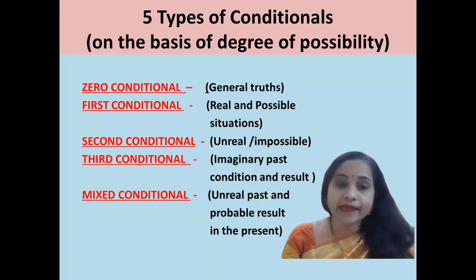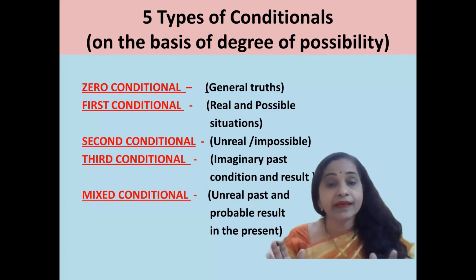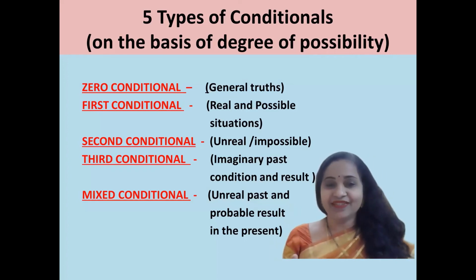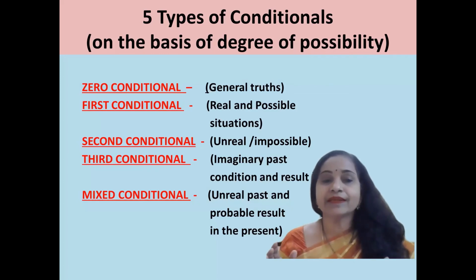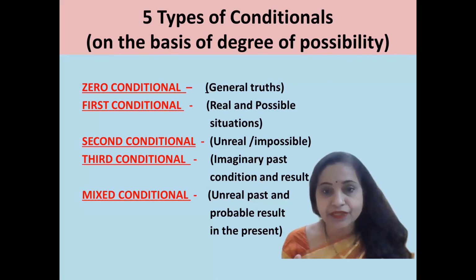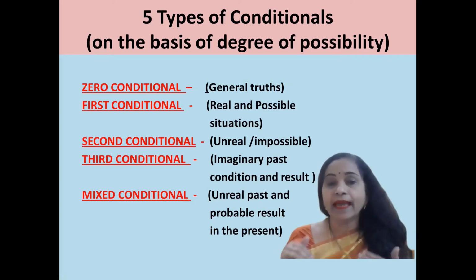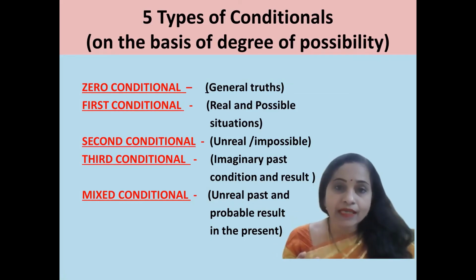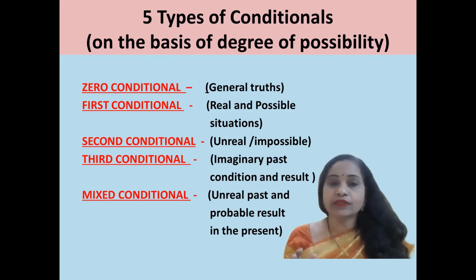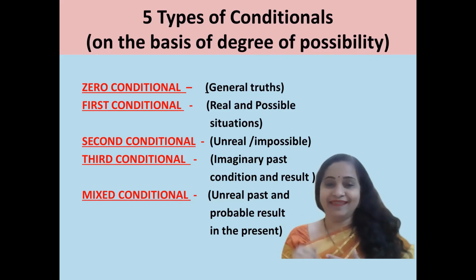And next, the second conditional talks about the unreal and impossible conditionals. And then the next conditional is called as a third conditional, which talks about the imaginary past condition and the past result. And the last one, mixed conditional, talks about the unreal past and the possible result in the present.